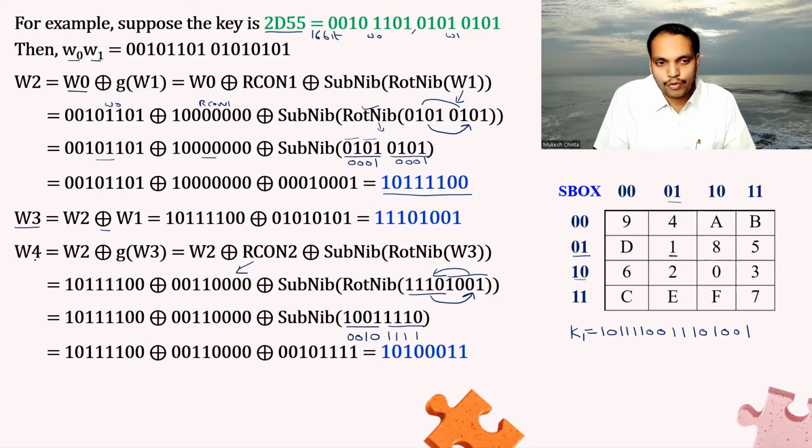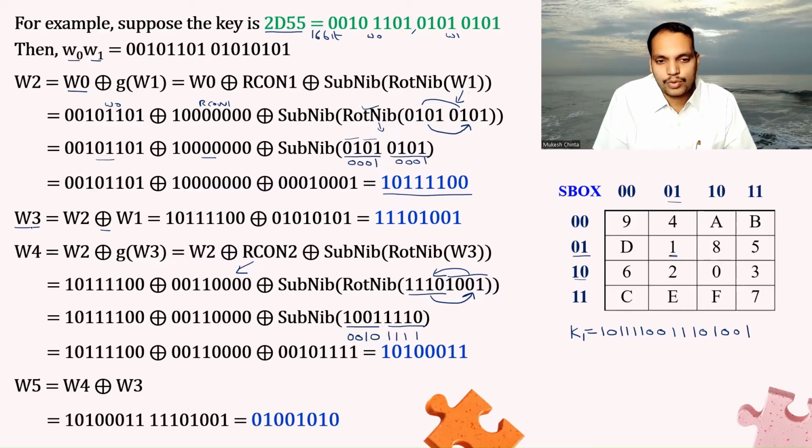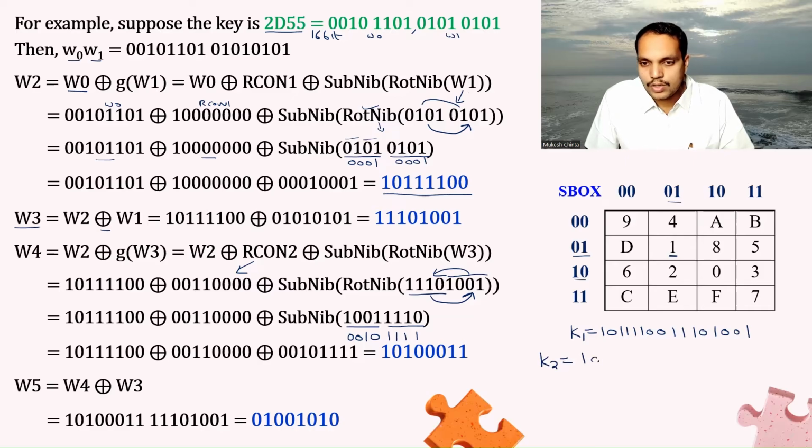Once you have the W4 value, you have to calculate the next value, W5. It is straightforward. W5 is nothing but whatever value you calculated for W4, exclusive OR with the earlier value of W3. Now from this, what you can obtain is your round 2 key, which is 1010 0011 0100 1010.